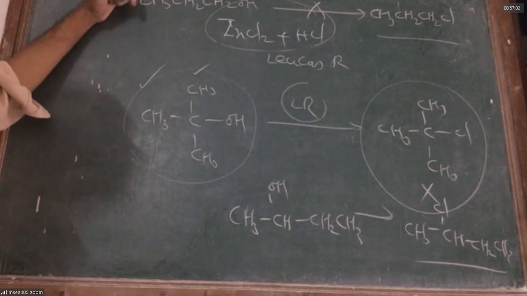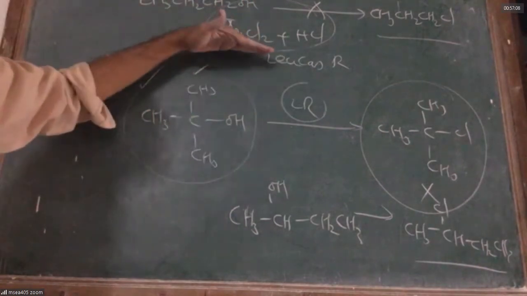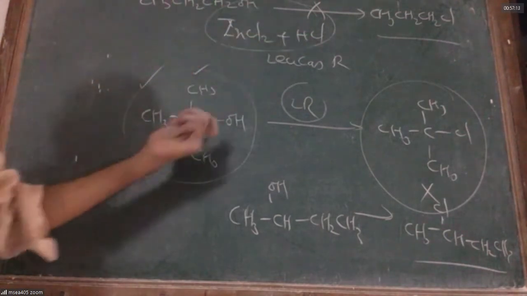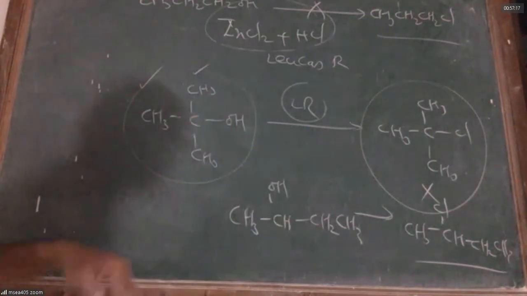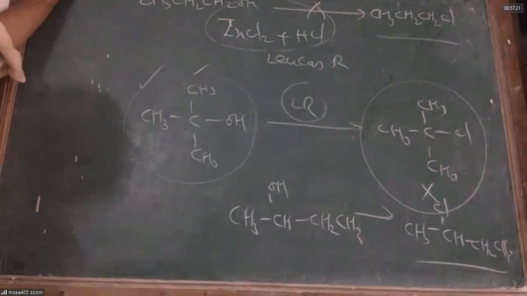One method is using Lucas reagent, a paste of ZnCl2 and HCl. Here, the OH group of tertiary alcohol is immediately replaced by X minus, whereas secondary alcohol reacts in 5 to 10 minutes. Primary alcohol would not react, no turbidity at room temperature.